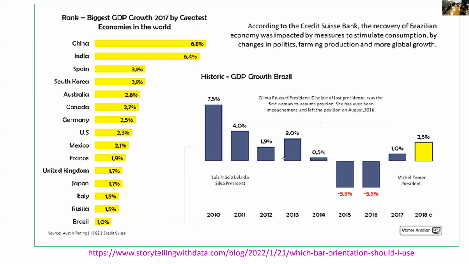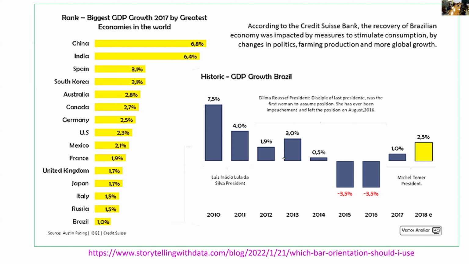And I told you that except when time is there. This is only Brazil. And this is the growth in GDP in Brazil, 2010 to 2018. Because time is there, I can't stack this on the y-axis. Time has to go this way because we're all used to seeing time going on the x-axis like that.